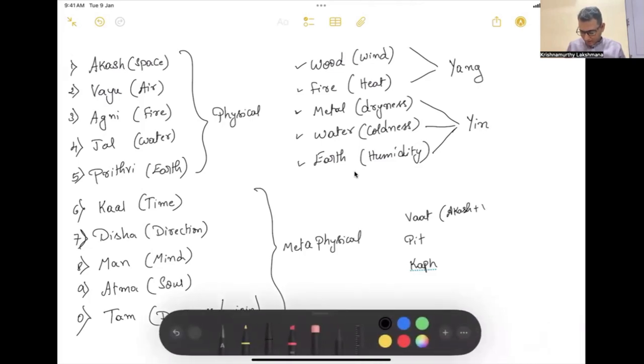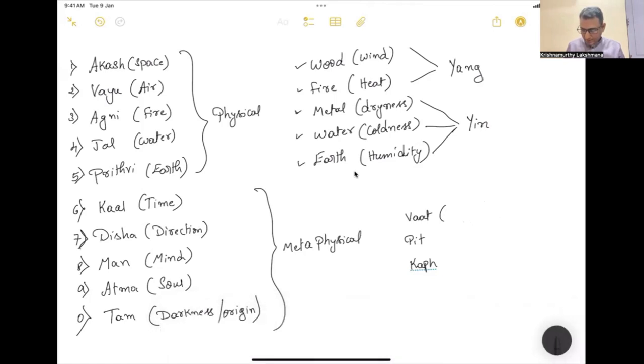I will write it in English. Vat is space plus air. Pit is water plus fire. And Kaph is water plus earth.